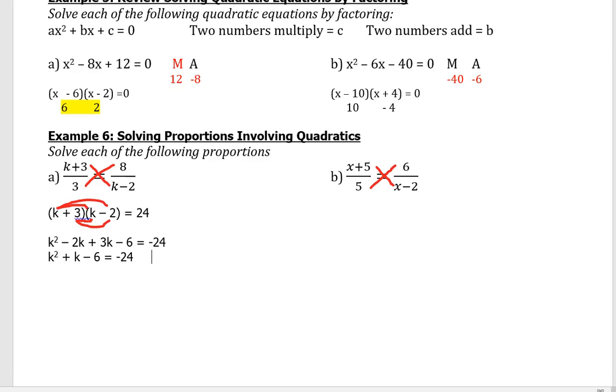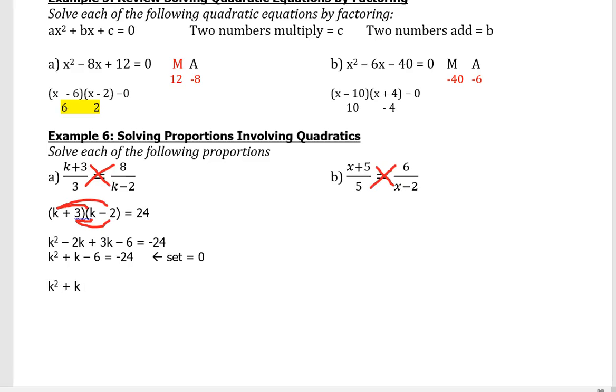Now, what you want to do here is set this equal to 0. So what I'm going to do is add the 24 to both sides of that equation. We're going to get k squared plus k.